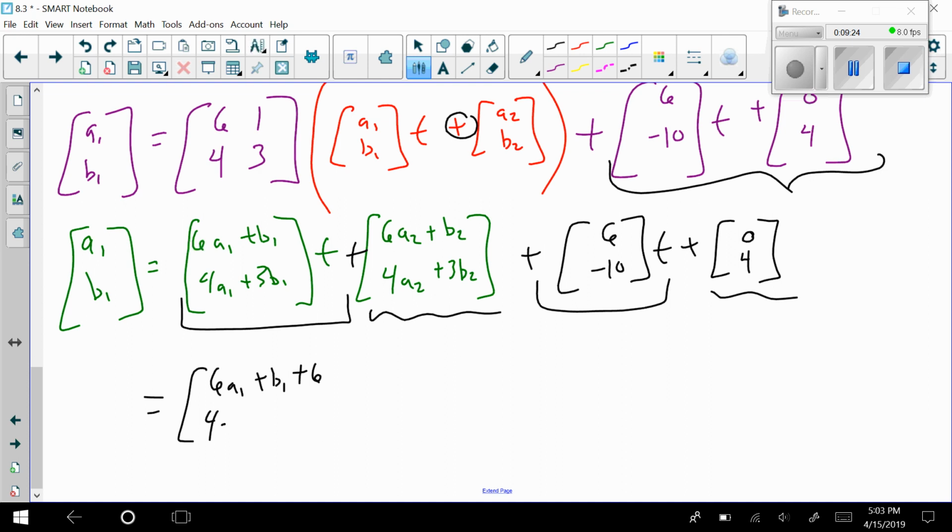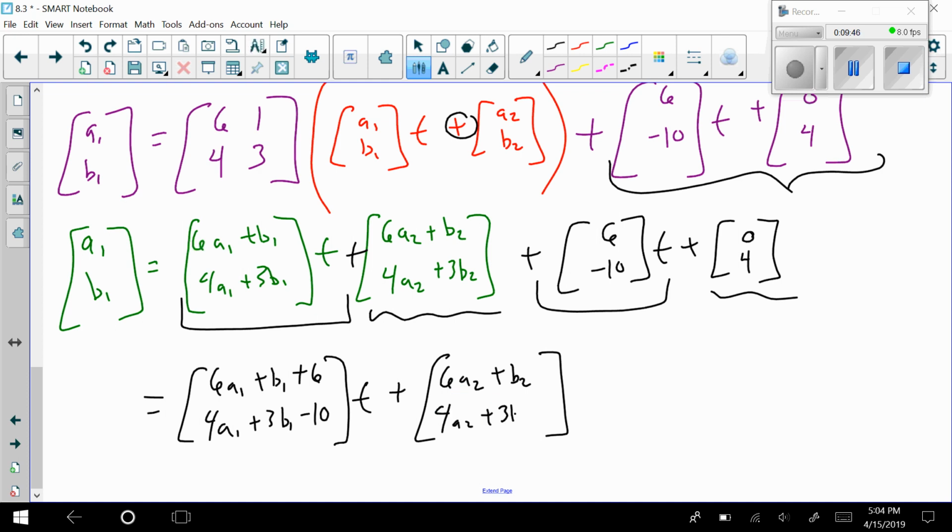And on the bottom I have 4a sub 1 plus 3b sub 1 minus 10. Those all have t's. Then I have plus my other matrix, 6a sub 2 plus b sub 2 plus 0, which I don't have to worry about. On the second row, I'd have 4a sub 2 plus 3b sub 2 plus 4. And then this is all equal to a sub 1, b sub 1.